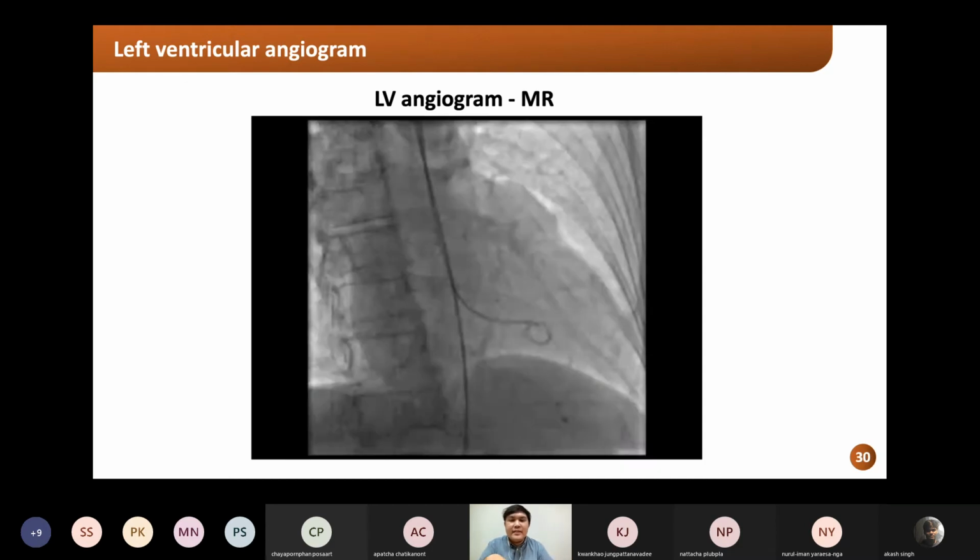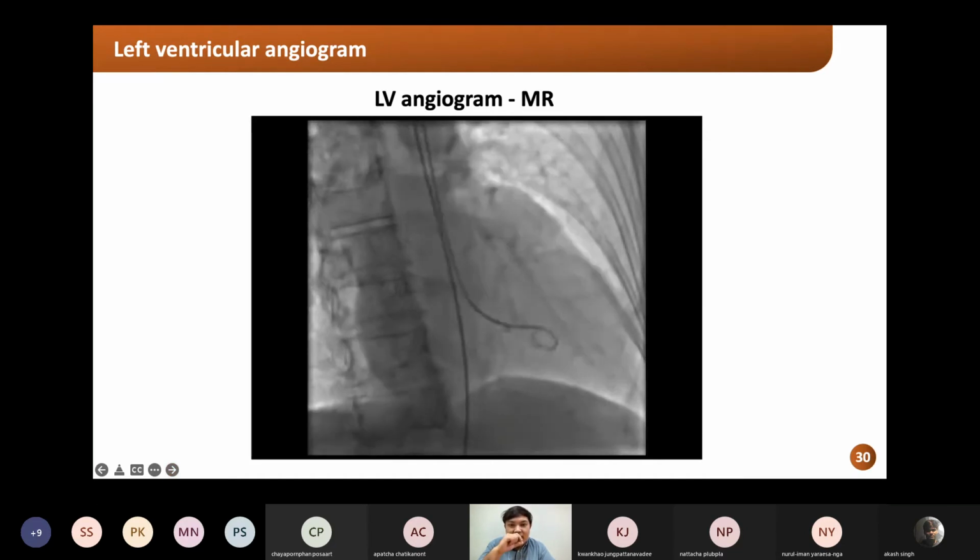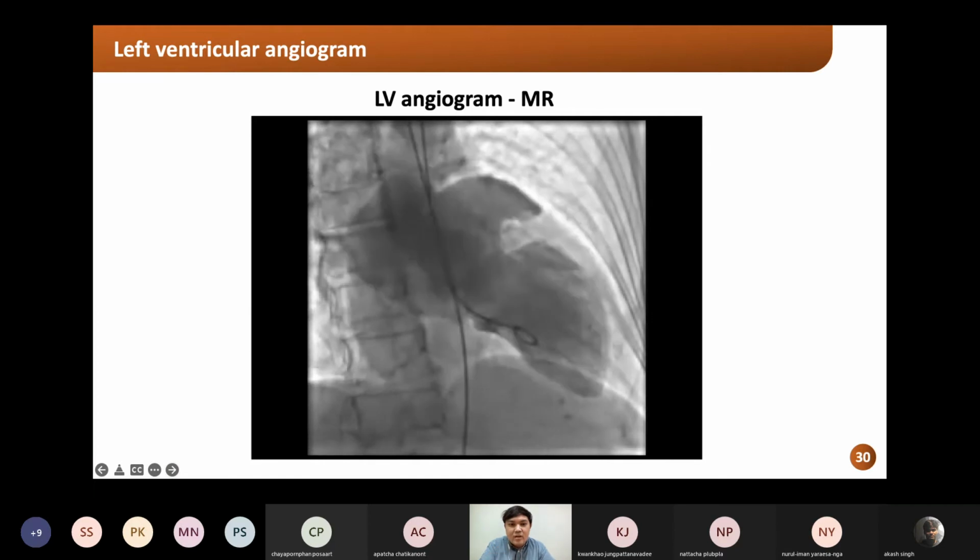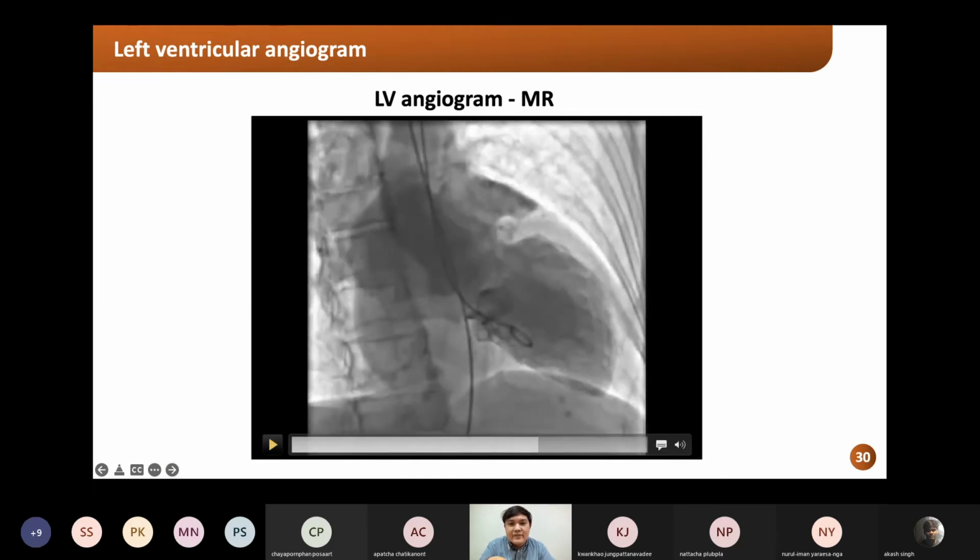The next one is an LV-gram as well, but this patient has severe mitral regurgitation, and I would like you to see this image to evaluate. All right, after injecting the contrast media into the LV, you will see the contrast flow back into the left atrium, right?